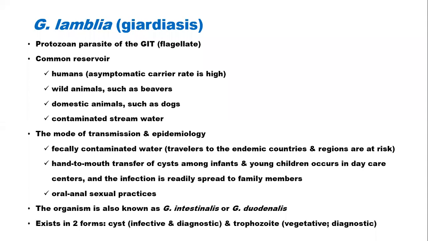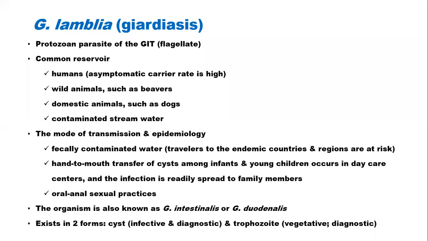So you can have transmission in daycare centers. Infection can also be readily spread amongst family members. All it takes is for one member of the family to come down with infection or to be asymptomatically infected, and other members of the family are at risk.